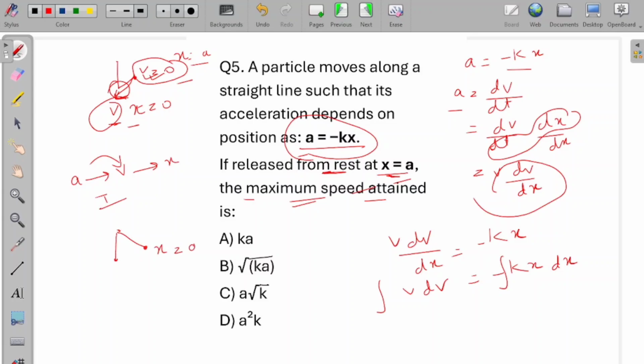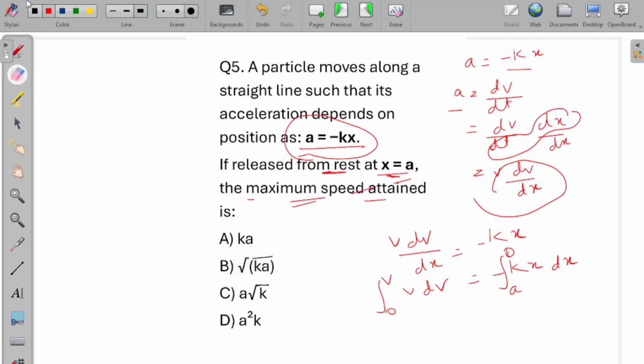This is x is equal to a. At this point, the velocity is 0. This is x is equal to 0, and the velocity at this point is maximum, v, right? So it is released from a and it goes to 0. X from a to 0 is our limit of integration. Now here for velocity we will go from 0 to v, and now we will integrate.